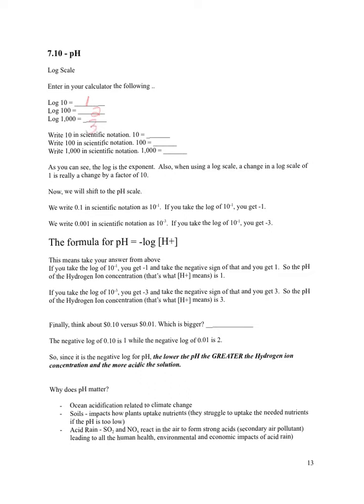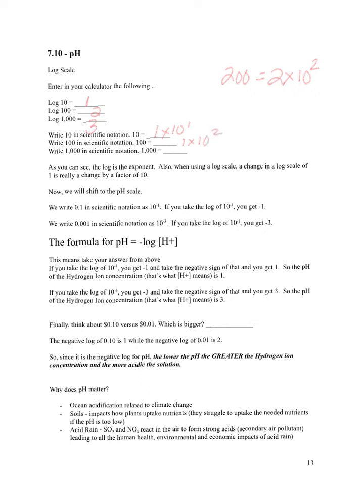Now we're going to write 10 in scientific notation. 10 in scientific notation would be 1 times 10 to the first, meaning 10 to the first power, so just 10. As a side note, 100 in scientific notation would be 1 times 10 squared.